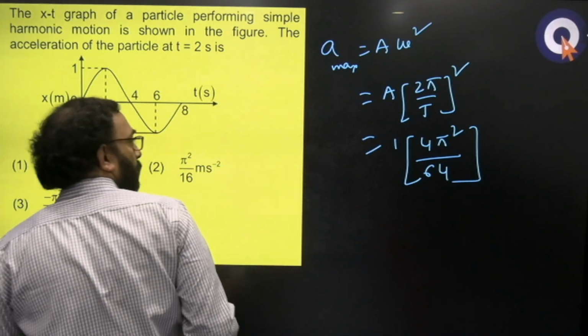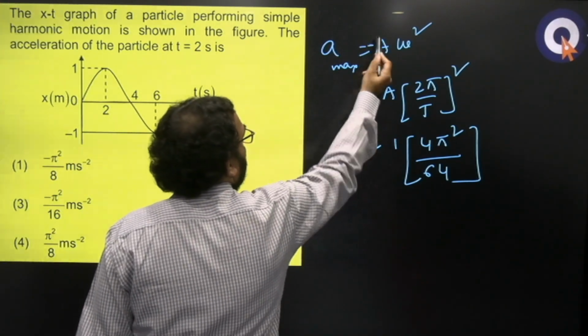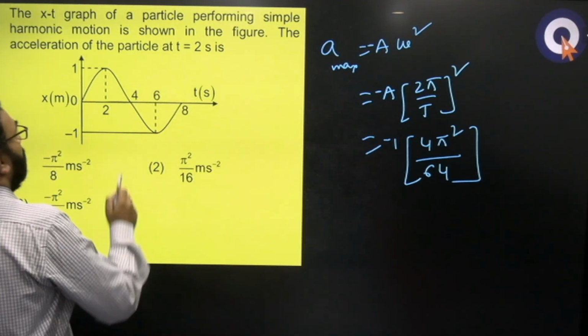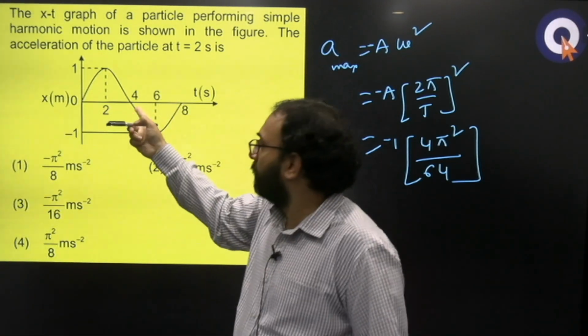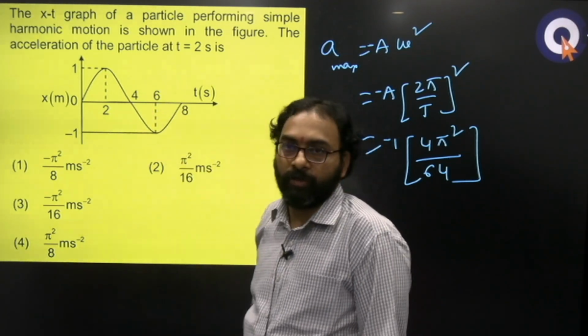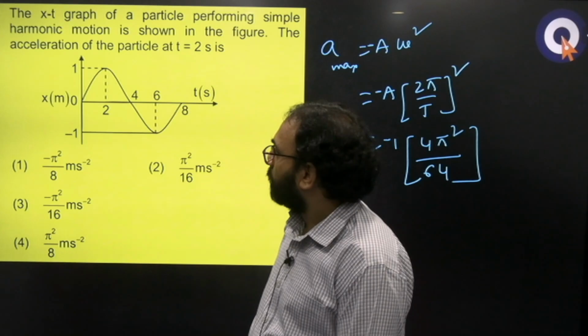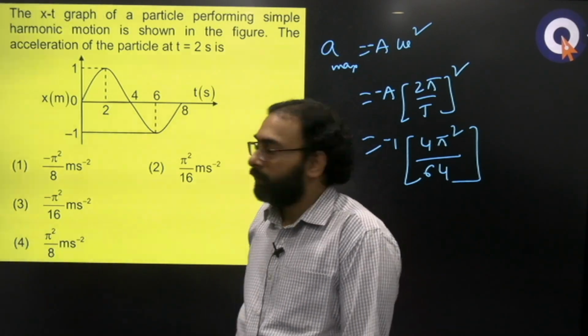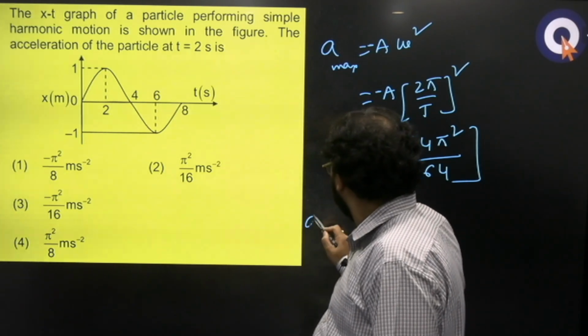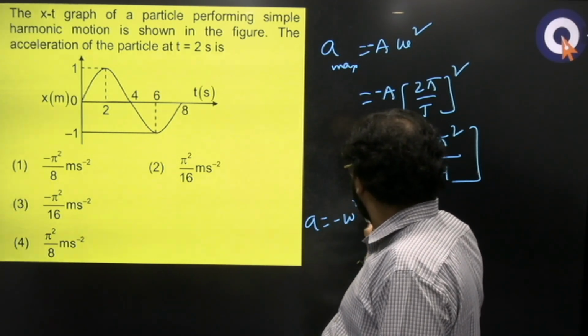So like this, and why is there a negative sign here? Because displacement is expressed as a sin omega t, sine function. Next, if you differentiate it twice, the acceleration is minus a omega square. Acceleration is minus omega square x.